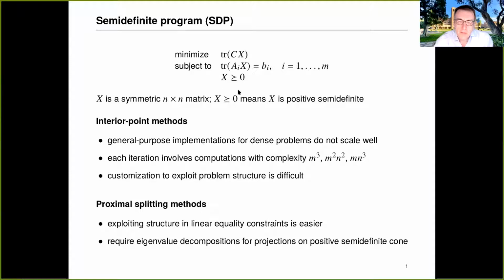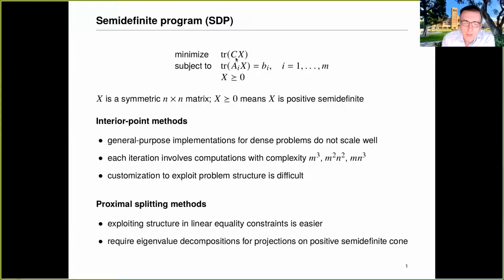So in large problems, that's too high. And another problem is that customizing an interior point method to exploit problem structure is difficult, or the opportunities for exploiting problem structure are limited.